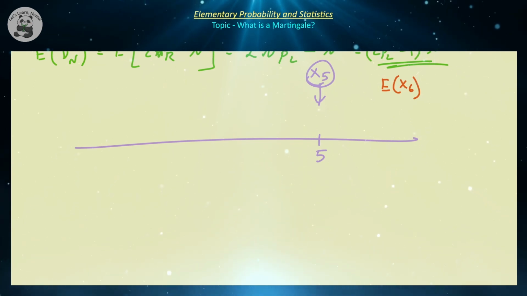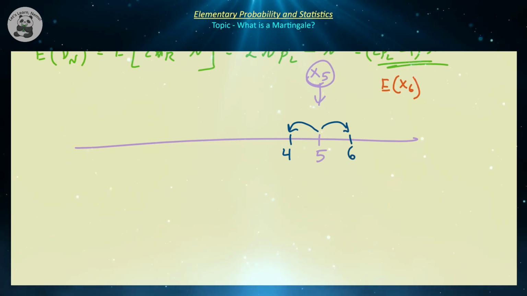We're going to either move to the left to 4, or we're going to move to the right to 6. So you could look at that as almost a discrete uniform distribution. So what would the expected value of that be?